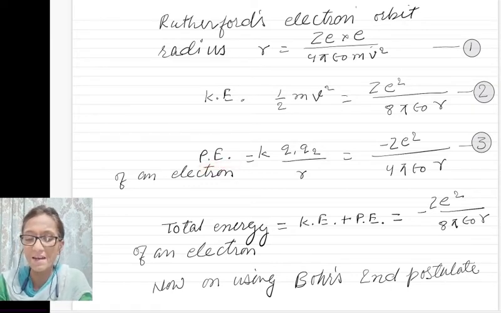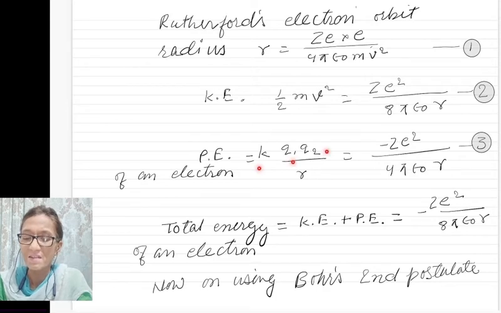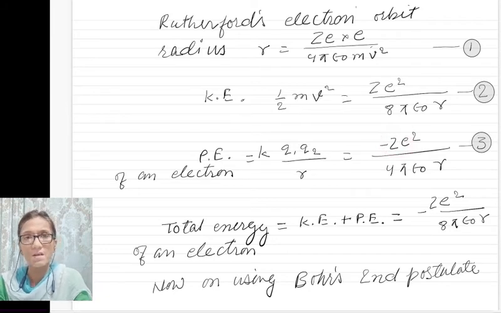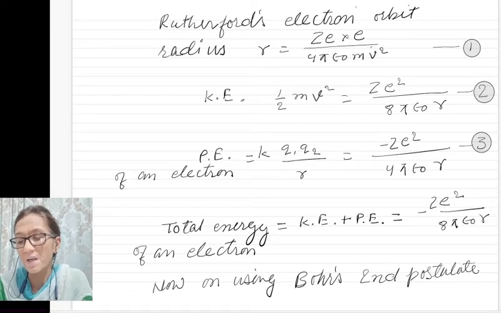And potential energy, which is K times Q1 Q2 upon R. Here Q1 is the charge on the nucleus, and nuclear charge is atomic number into e, Ze, into the charge on the electron, e.